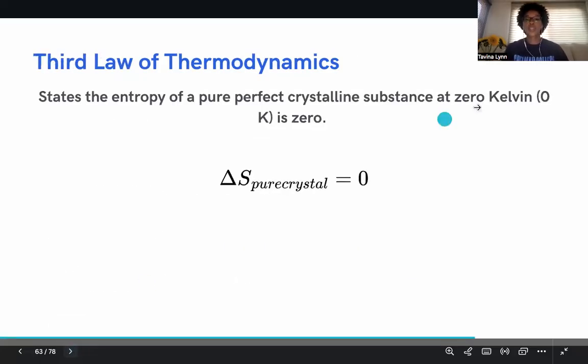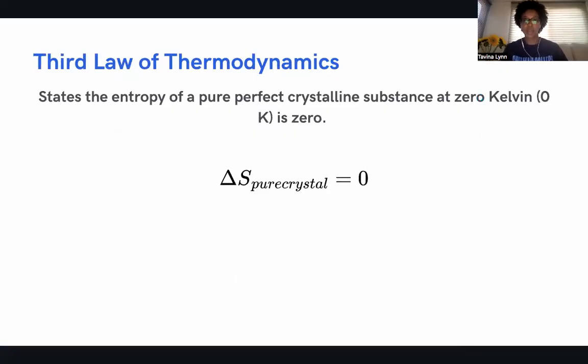Now, the third law, and I briefly mentioned this earlier when talking about microstates. This law states that the entropy of a pure, perfect crystalline substance at 0 Kelvin is 0.